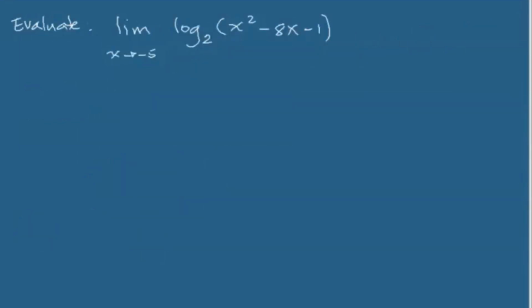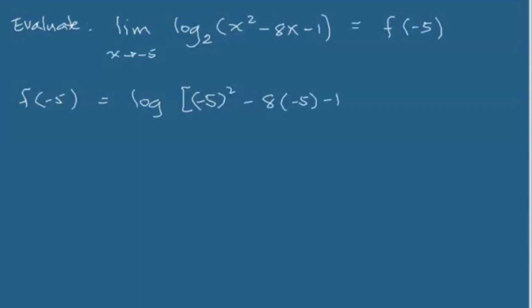Let's try this one. The limit of the logarithm of x squared minus 8x minus 1 base 2 as x approaches negative 5. By direct substitution, all our x will be replaced by negative 5. So this is f of negative 5, equal to the logarithm of negative 5 squared minus 8 times negative 5 minus 1 base 2.